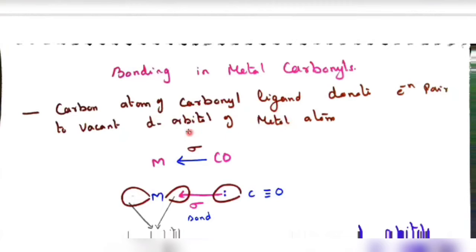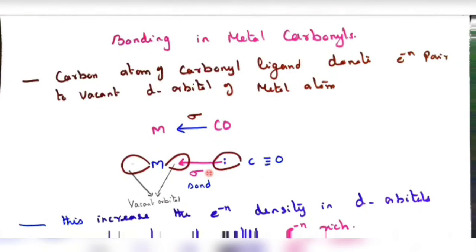Metal atoms have vacant d orbitals, and the ligands have lone pairs of electrons that are donated to the metal. CO is the ligand of the carbonyl, and the carbon donates its lone pair, so a sigma bond is formed. This carbon has one lone pair of electrons donated to the vacant d orbital of the metal.